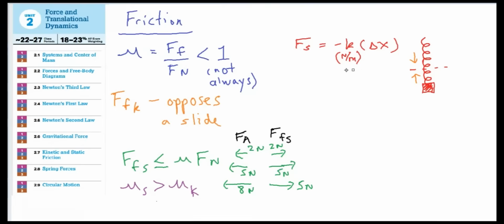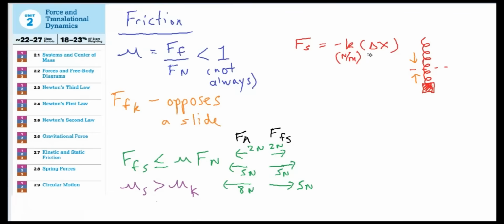Also, we have some spring forces being introduced here. Springs are going to be something that are very commonly looked at as far as the oscillation unit. As far as the forces unit, it does pop up some. So we have negative k times delta x. There's a negative there because the spring force is always a restorative force. I'll tell you what I mean by that in a moment. The unit is newtons over meters, how many newtons of force required to stretch it a meter.